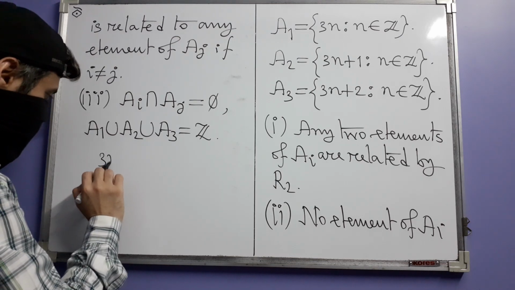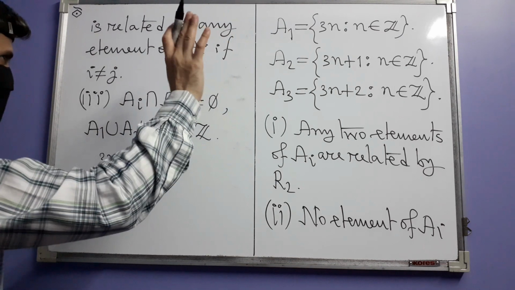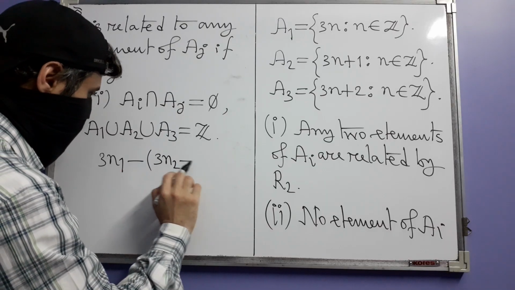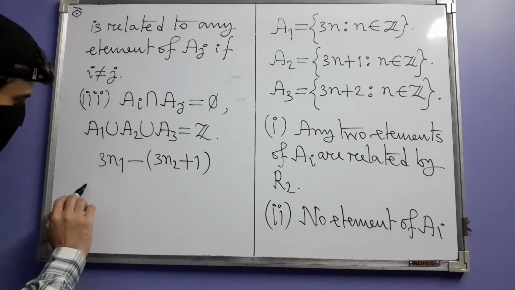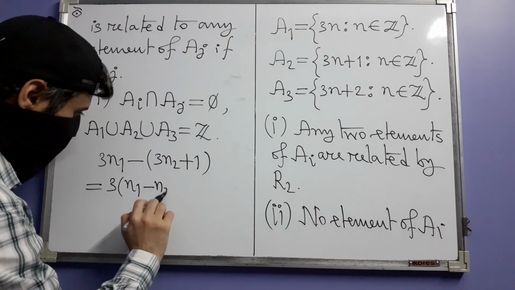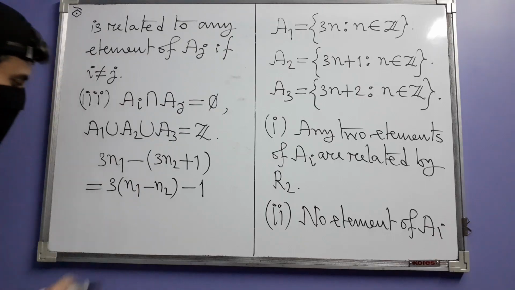Let me write 3n1 as any element of A1 and any element of A2 as 3n2 plus 1. The difference is of the form minus n2 minus 1.